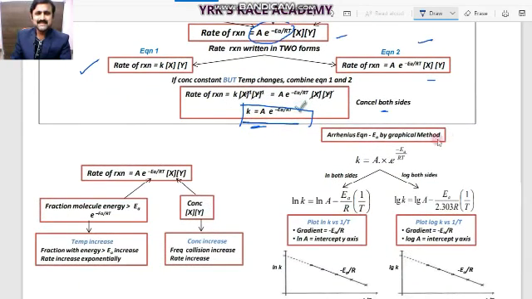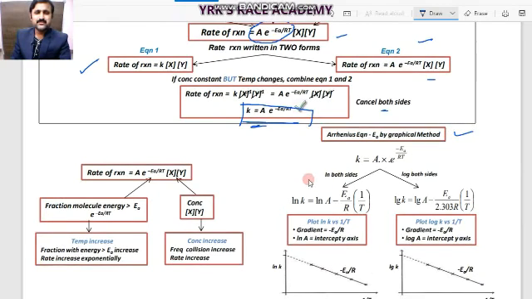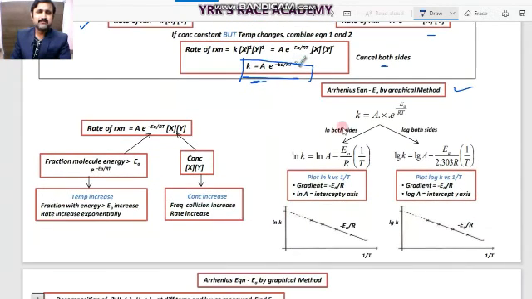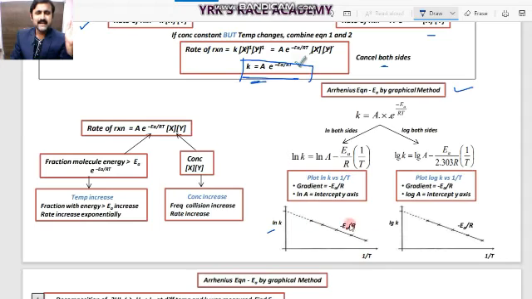So this is the Arrhenius equation. If you see the graphical representation and the logarithmic form, ln k versus 1 by T is a negative slope, that is minus Ea by R. That minus Ea by R is the gradient, whereas ln A is the intercept.